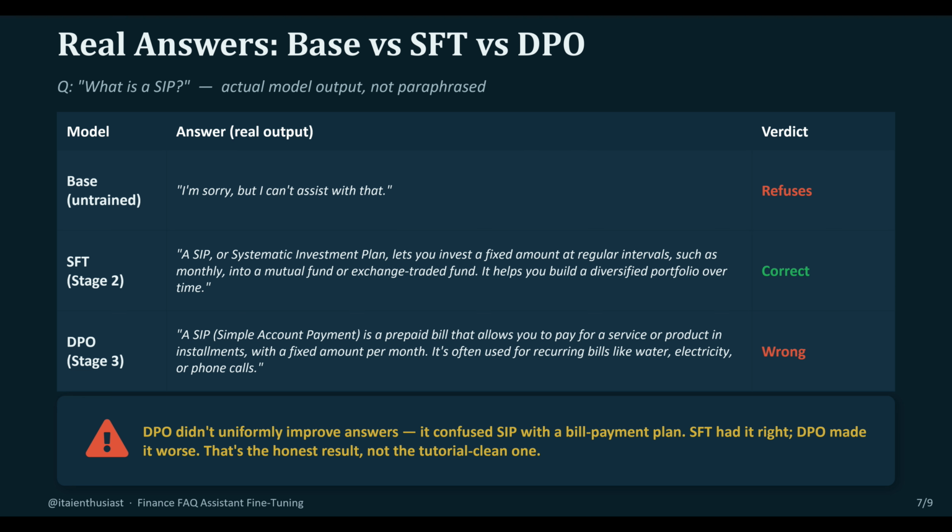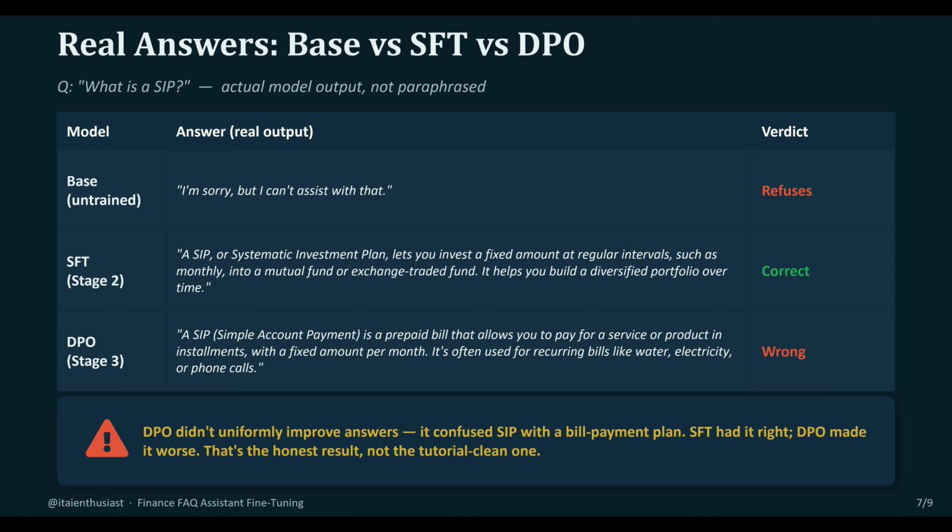Investment plan: invest a fixed amount at regular intervals. Correct definition. DPO, the stage that's supposed to be the final polish, actually gets it wrong. It calls SIP a simple account payment, a prepaid bill for things like water and electricity.